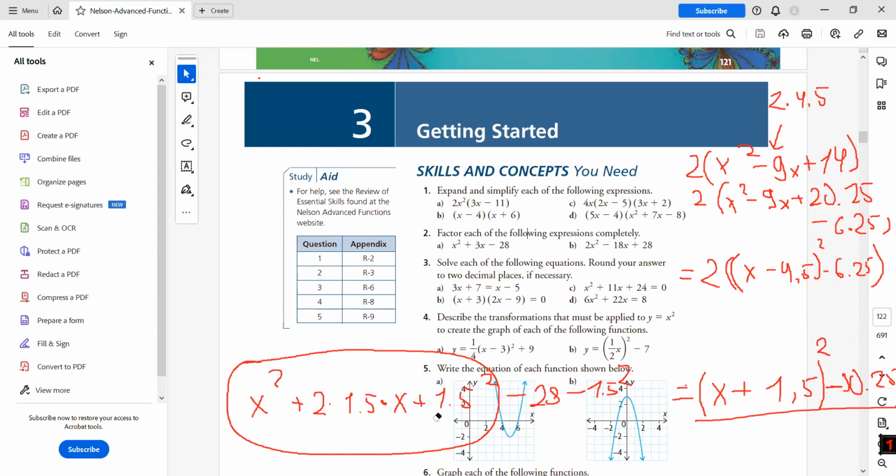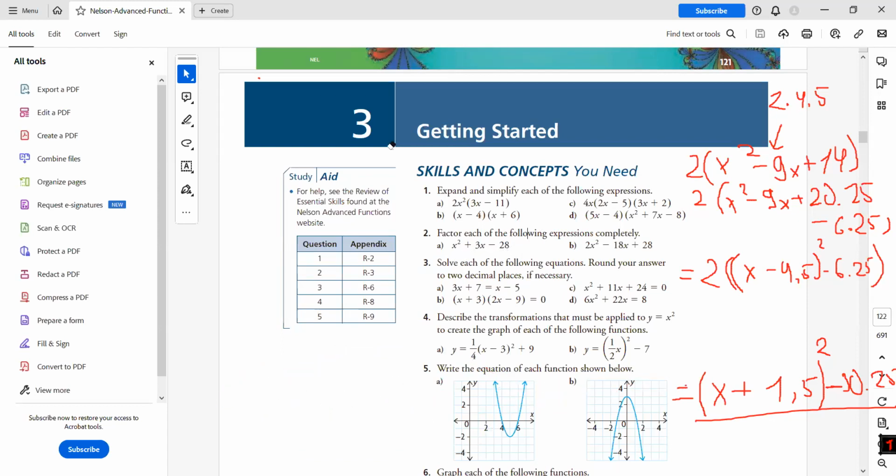Okay, so can you repeat that one more time? I'll write it down. So you take x squared plus 3x minus 28, and then you change the 3x to a plus 7x and a minus 4x.